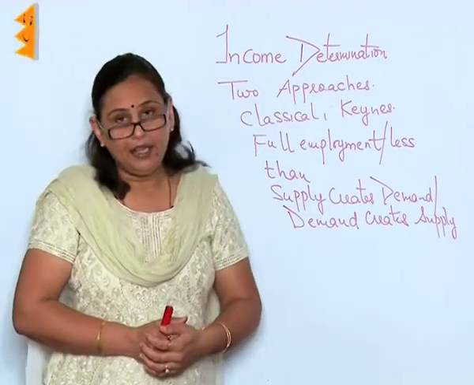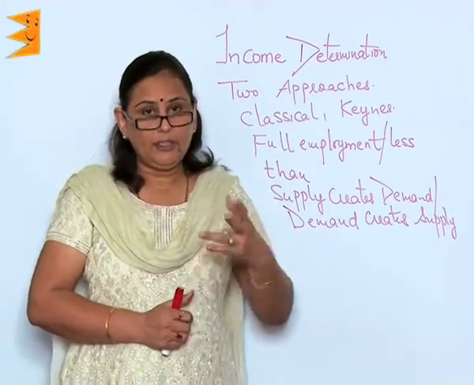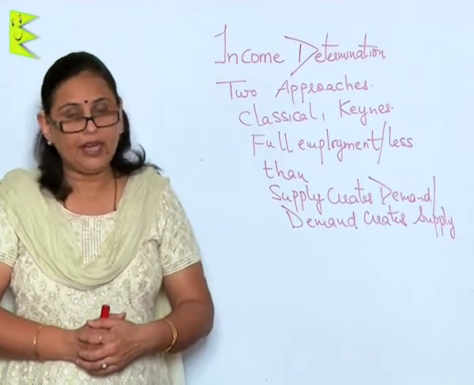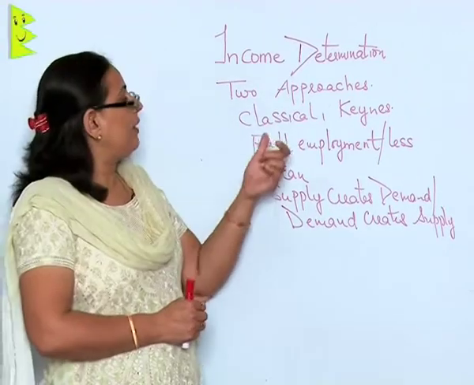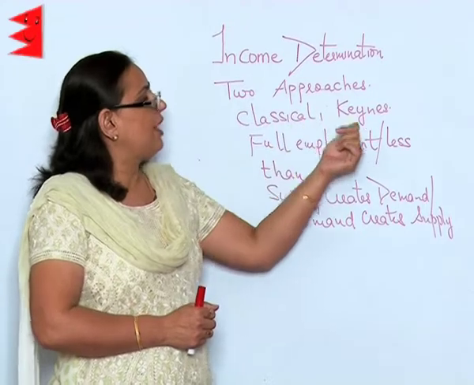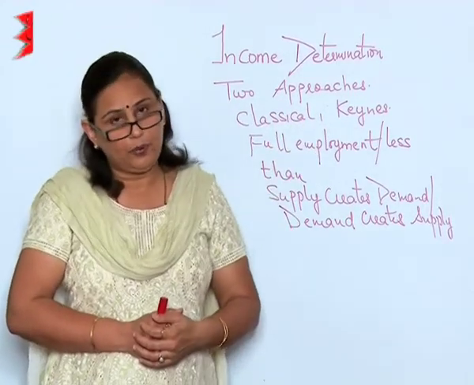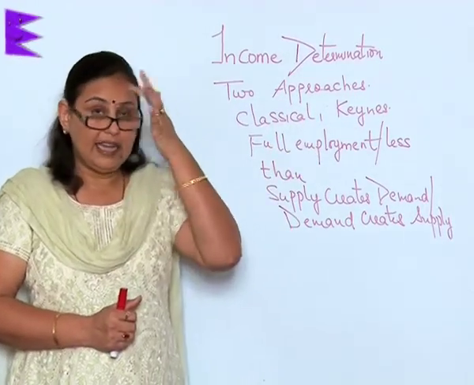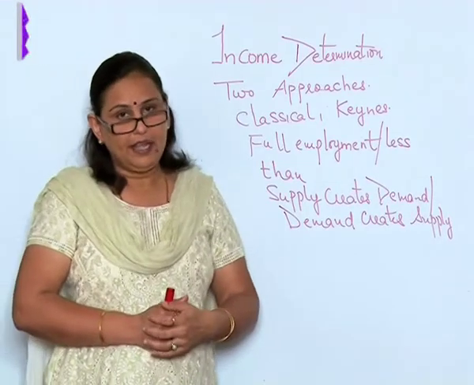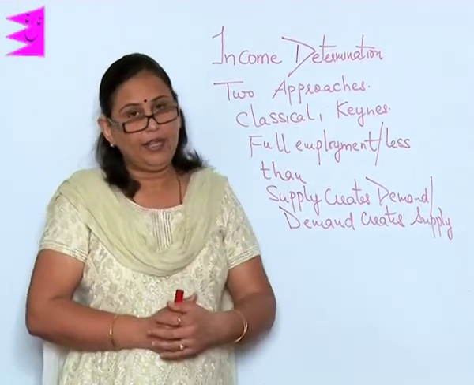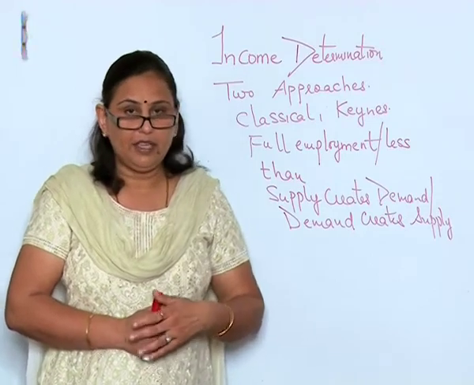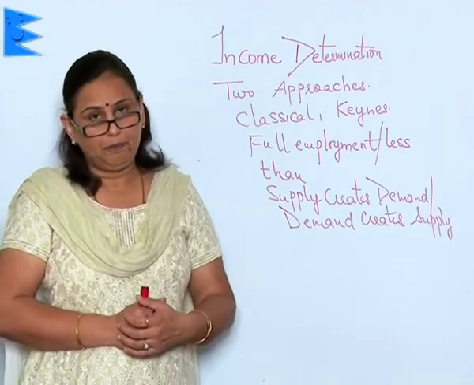And when we study macroeconomics, there are two popular approaches to study this. One is called the classical approach and the other is the Keynesian approach. The classical approach was the old theory that was in prevalence for a very long period of time.